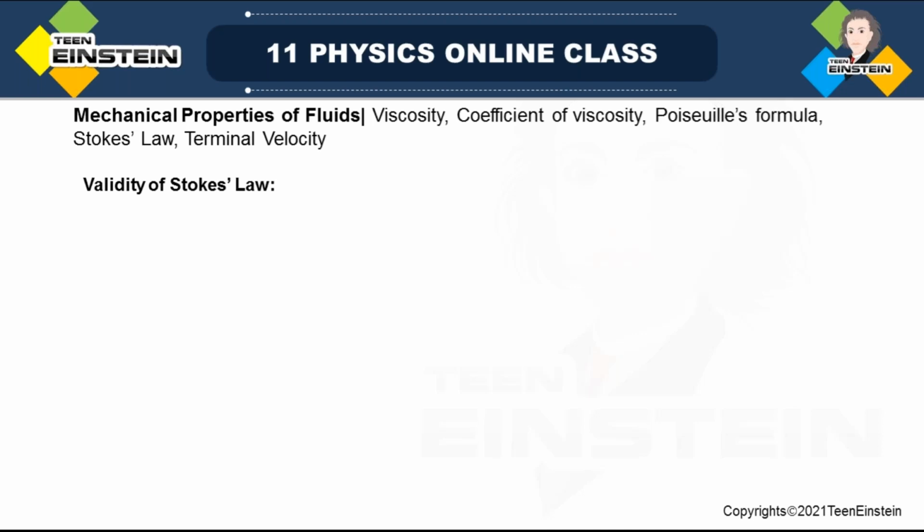In that case Stokes law will be valid. There is no slip between the ball or the sphere and the fluid, and there will be no turbulent motion or eddies.